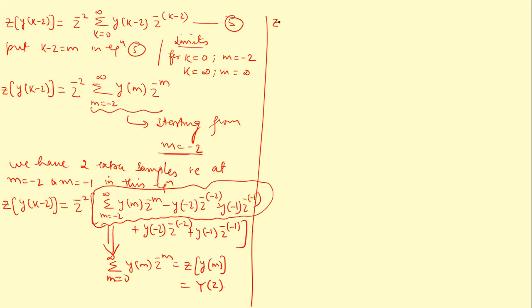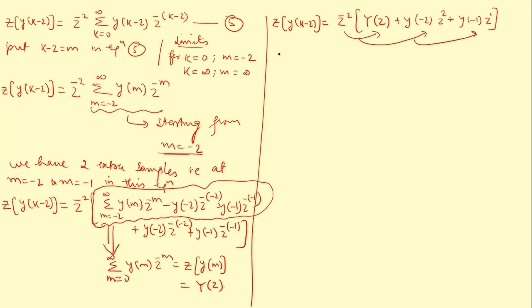So we have the z transform of y(k-2) is equal to z inverse square. So these three terms are equal to Y(z), right? So plus y(-2) z raised to the power 2 plus y(-1) z raised to the power 1. Now we'll multiply it here.